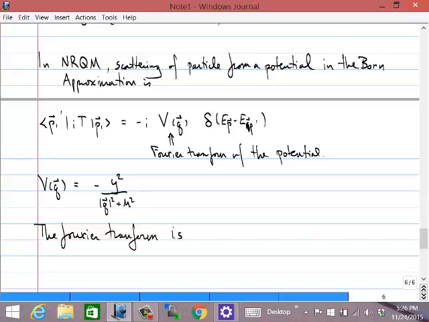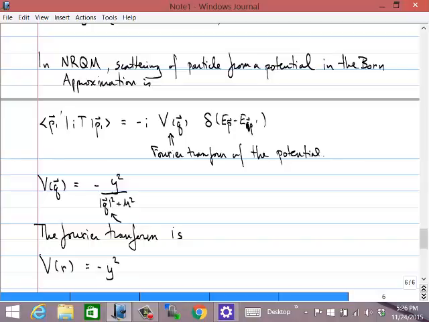So first of all, because this is a function only of the absolute value of q squared, that means that your potential is rotationally invariant. So it's a function only of radius. Moreover, it is proportional to minus y squared.